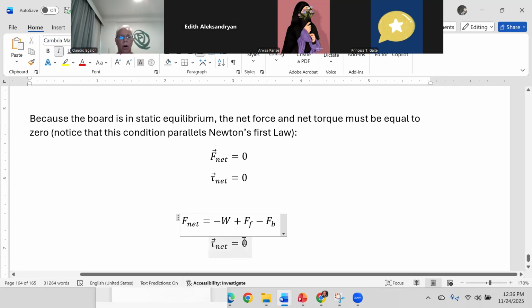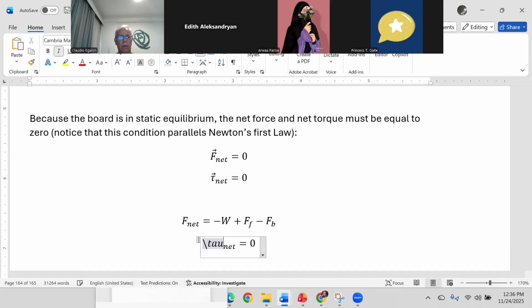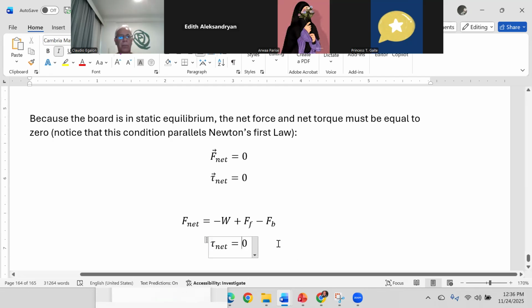The net torque must be equal to... and by the way, this problem is also one-dimensional in the torque, so I can use a scalar equation instead. It has to be the torque of the weight.